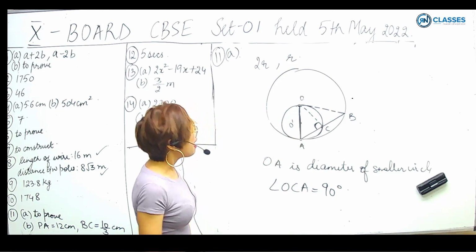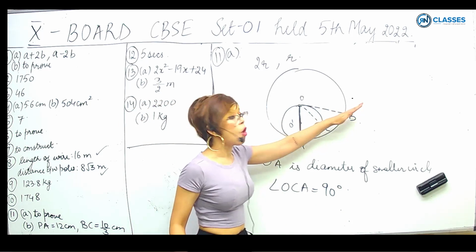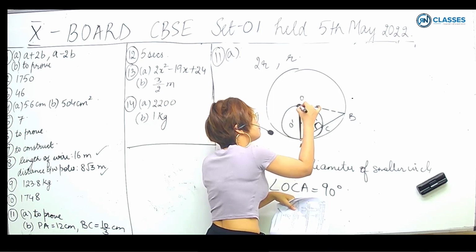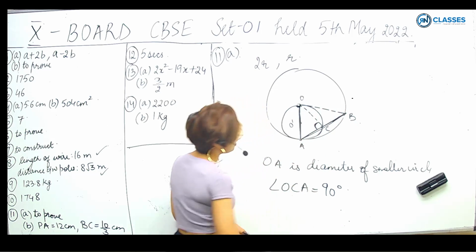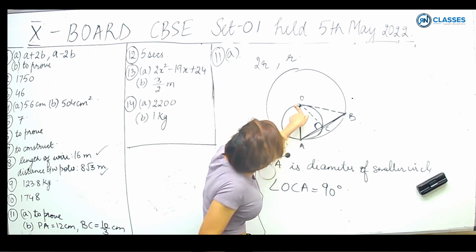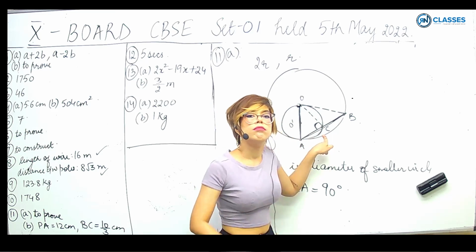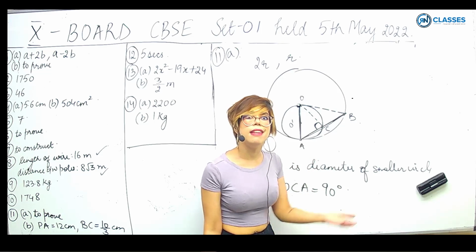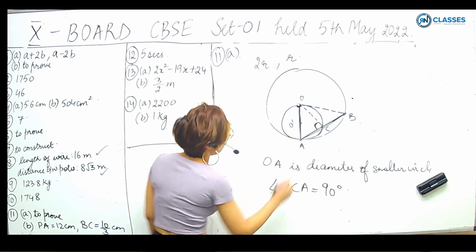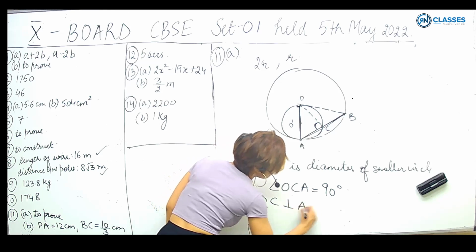Okay. Now, come back to the bigger circle. AB is the chord. O is the center. Right? And you're dropping a perpendicular from the center onto the chord. Do you think it will bisect the chord? The answer is yes. Class 9 theorem. So, OC is perpendicular to AB.